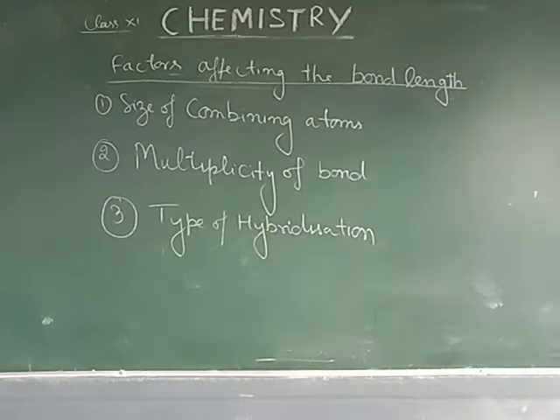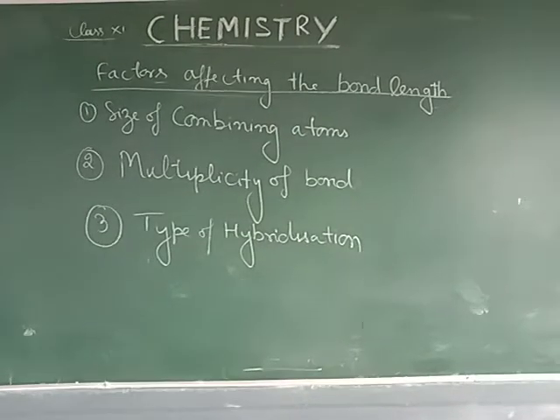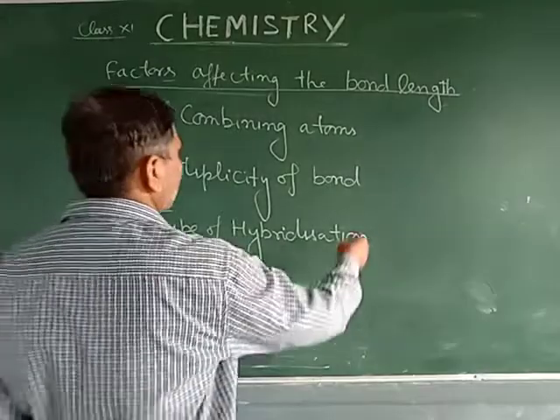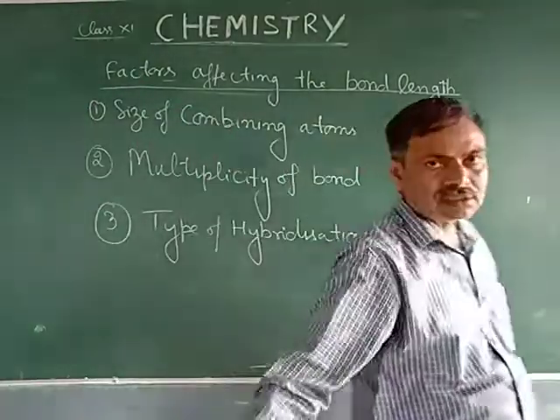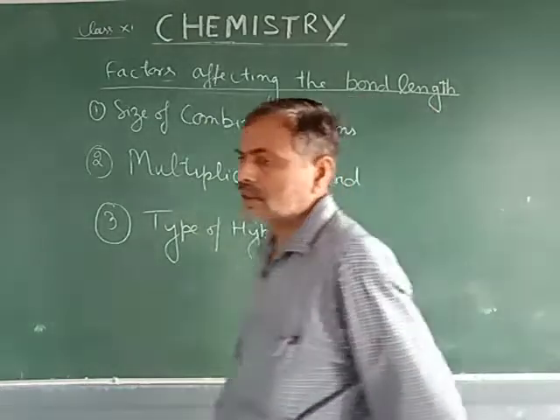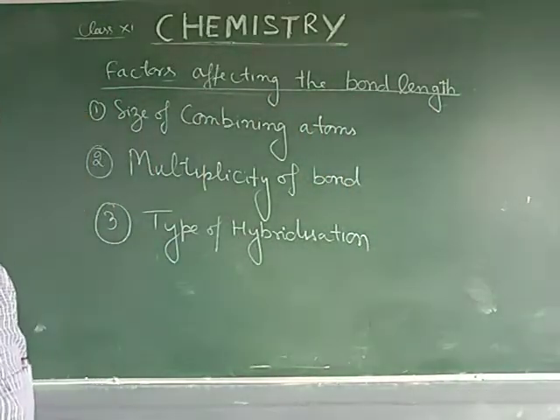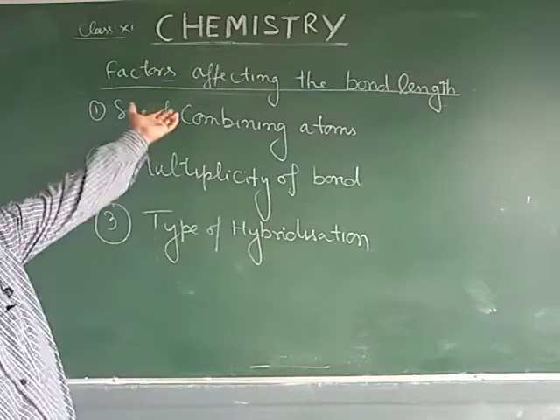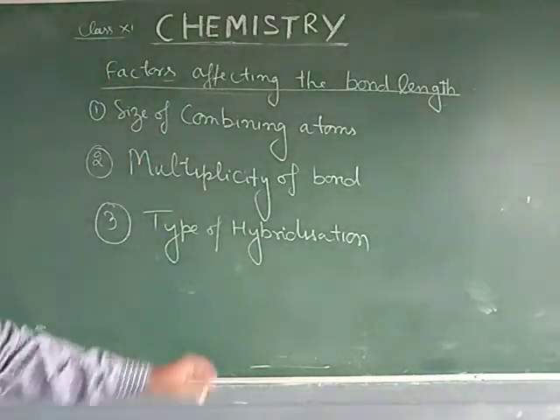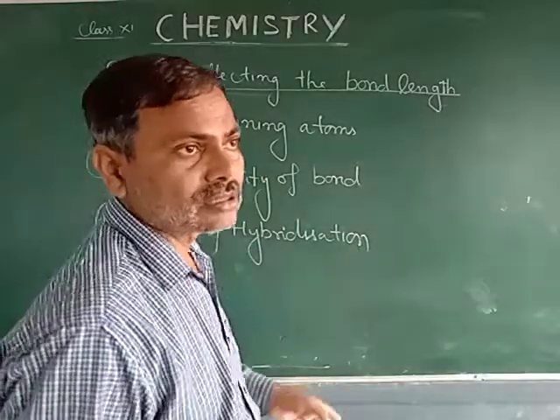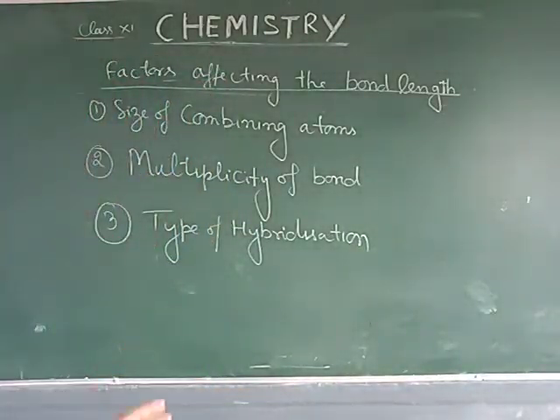These are the factors which affect the bond length. First is size of the combining atoms, second is multiplicity of the bond, and third is type of hybridization. But we have to see how these affect the bond length.